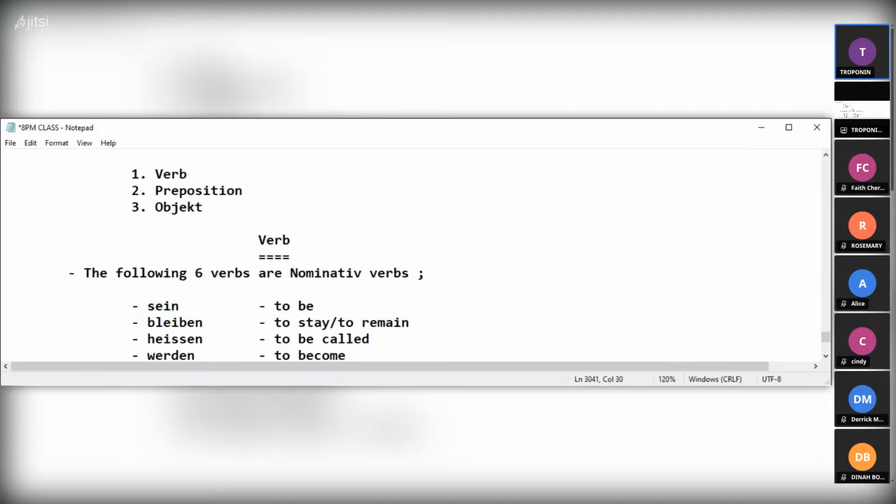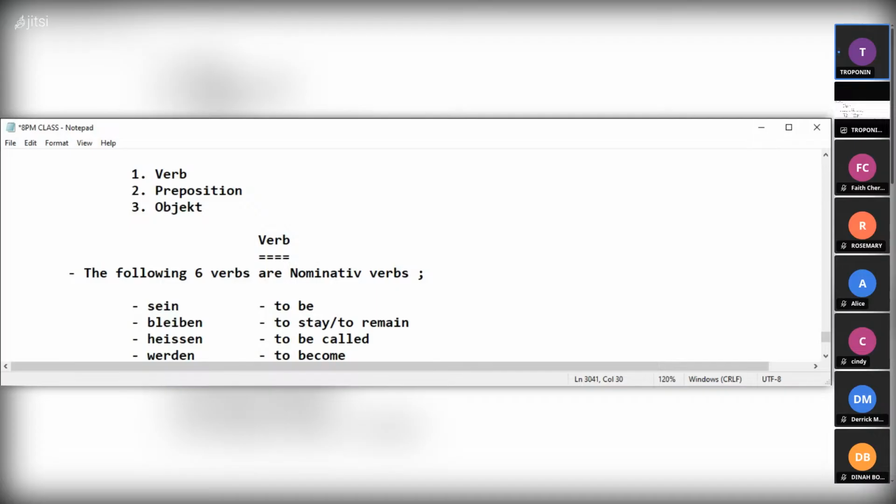Most of the verbs in German are in accusative form. Only this sentence you will understand when I will be doing accusative.